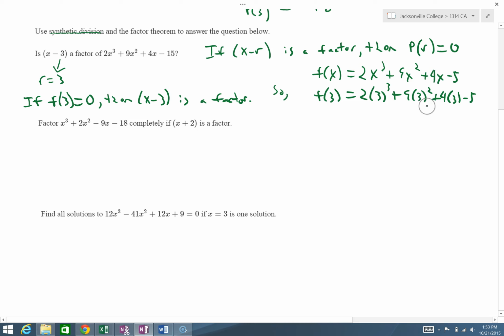Well, you don't even have to do the arithmetic. This clearly is going to be a big positive, not 0. F of 3 is not 0, thus x minus 3 is not a factor. Since it's not 0, x minus 3 is not a factor.